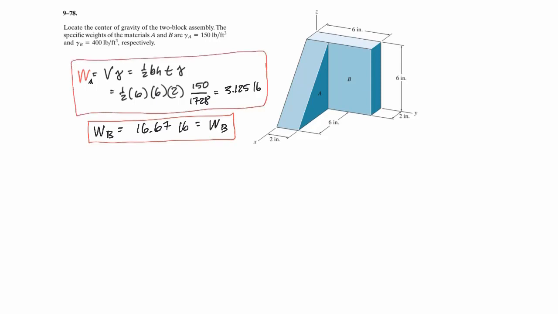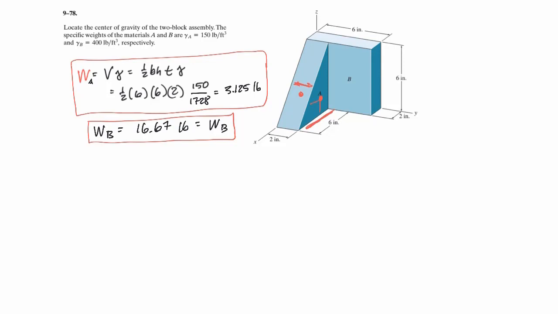Now we're looking for the centroid, or the center of gravity of this entire shape. And to do that, we have to recognize that each of the composite shapes has its own center of gravity. So where's the center of gravity located of this triangle piece? Well, it's going to be 1/3, 2/3 in this dimension, and it'll be halfway in this dimension, if that makes some sense to you.